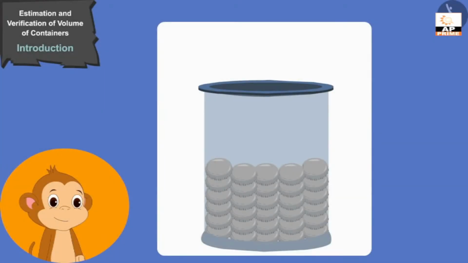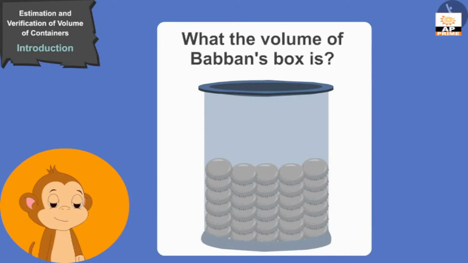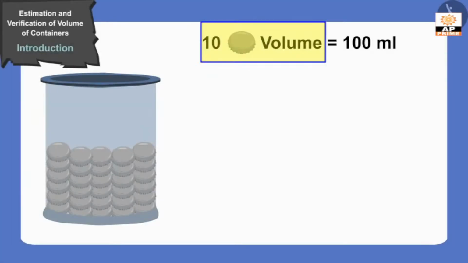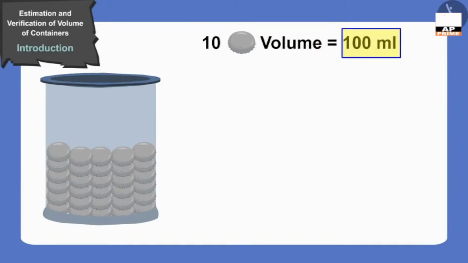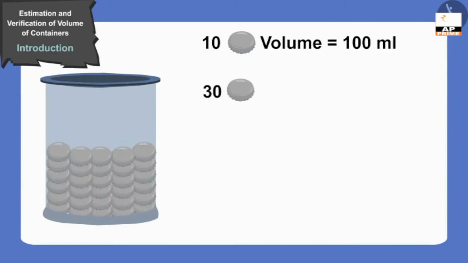Children, if Babban has collected 30 bottle caps in his box and his box is only half full, can you tell what the volume of Babban's box is? If you wish, you can stop the video and think of the answer. The volume of 10 bottle caps is 100 milliliters and Babban has collected 30 bottle caps.